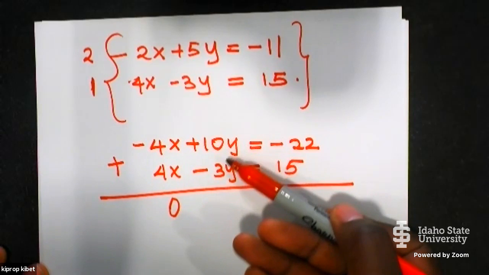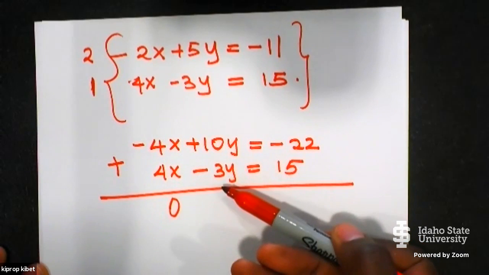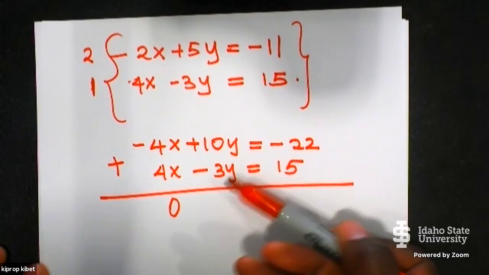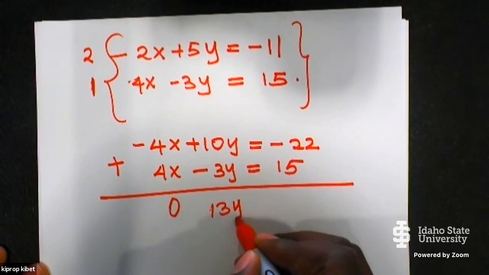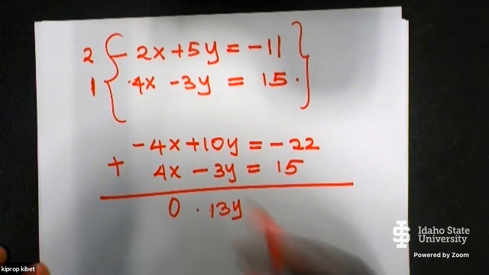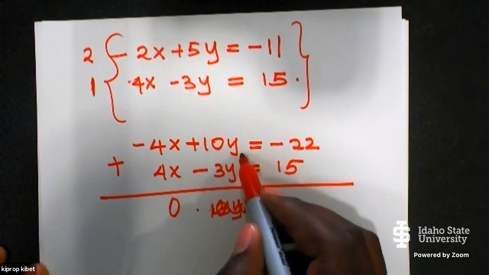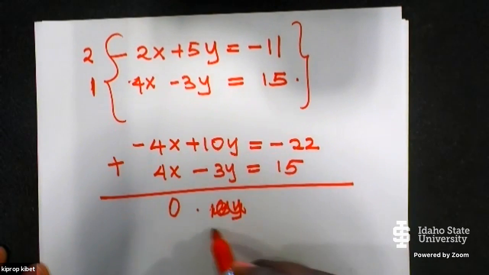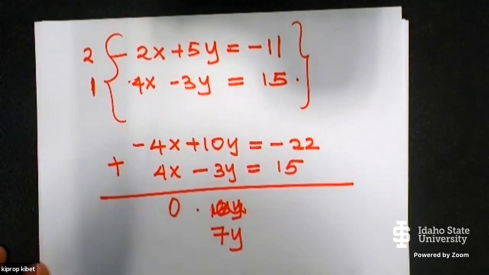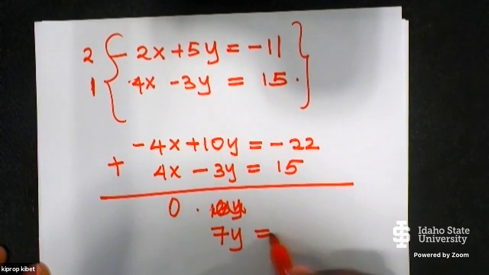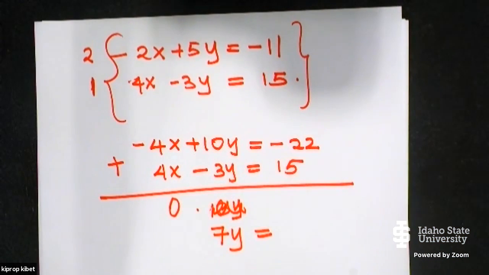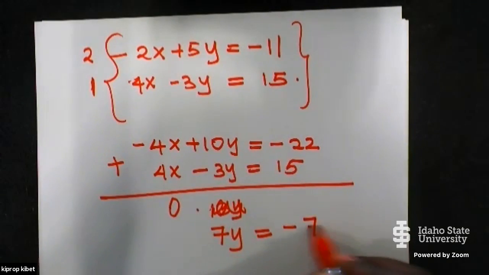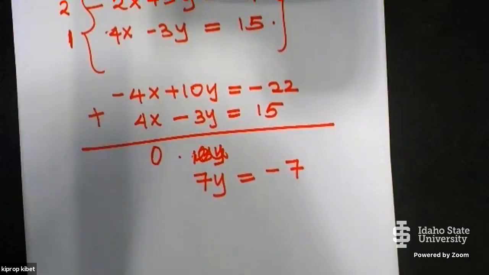10y plus minus 3y is 7y, equals minus 22 plus 15. You get negative 7 there.